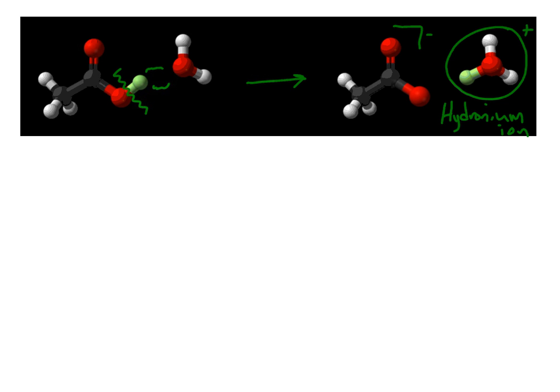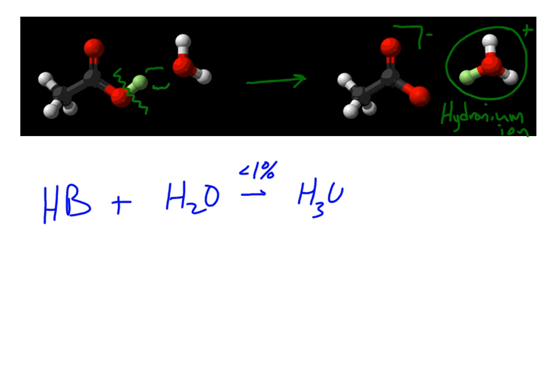And in equation form, the way we would write this is the acid, and since it's a weak acid, let's use HB like the prior one, plus water. And since it's weak, it's going to go to a very small degree this way. So again, less than 1% in the forward direction, forming hydronium plus the conjugate base of the weak acid, so the B-.